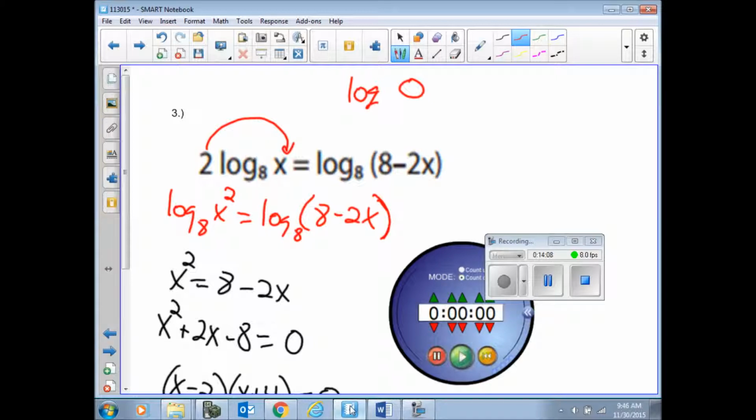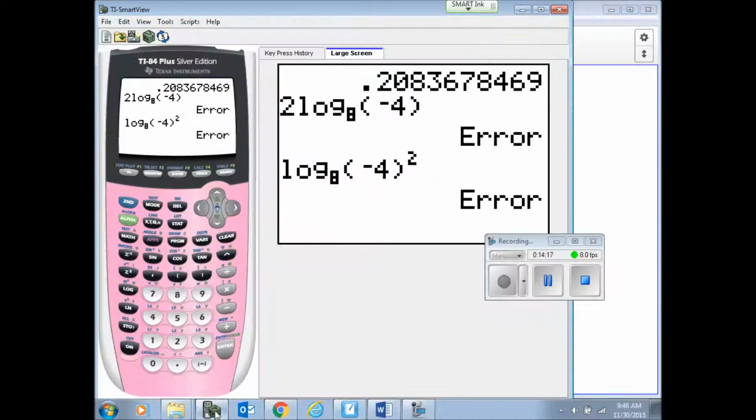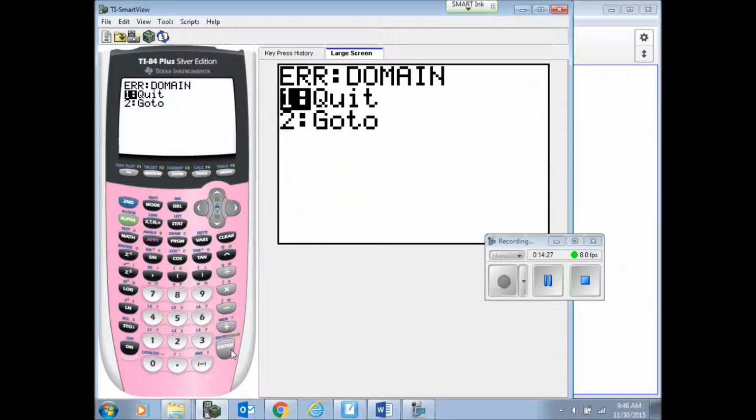What's anything to the 0 power? 1. I don't think there's anything you can put to give you 0. So let's just check log base 10 of 0. What's going to happen? It's an error, because there's no value you can raise. You can't raise any number to any power to give you 0.